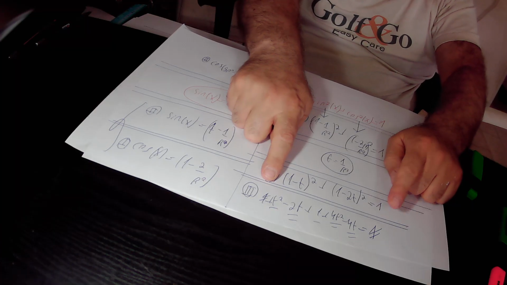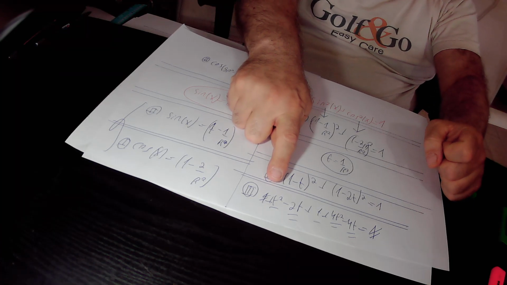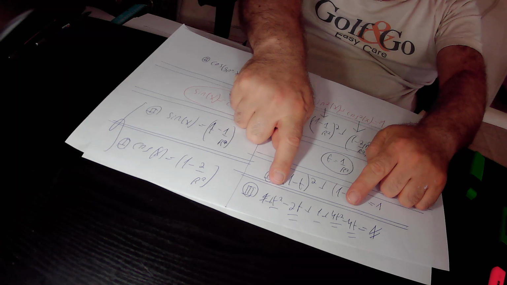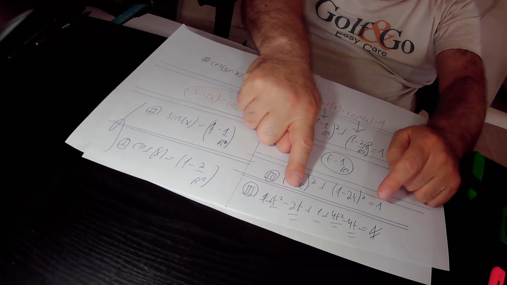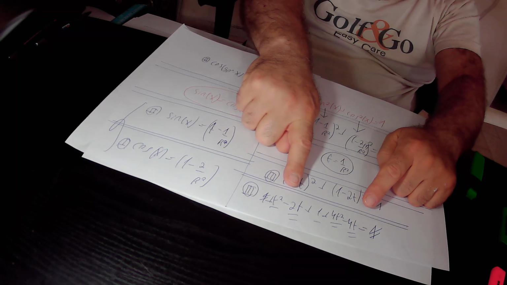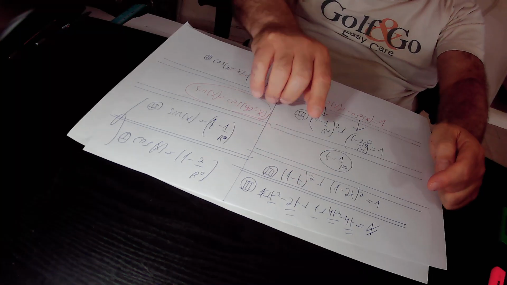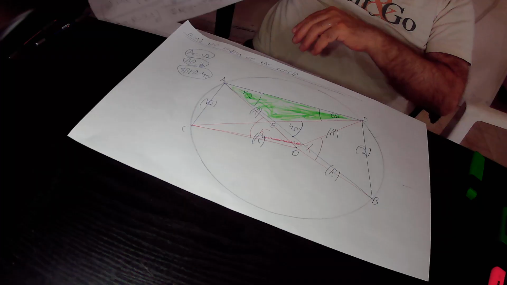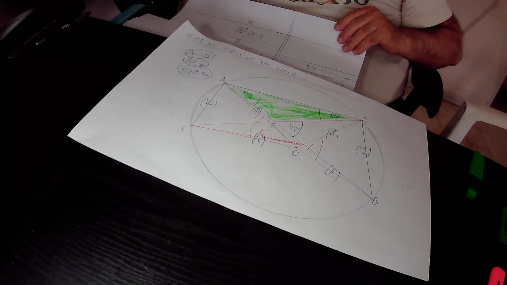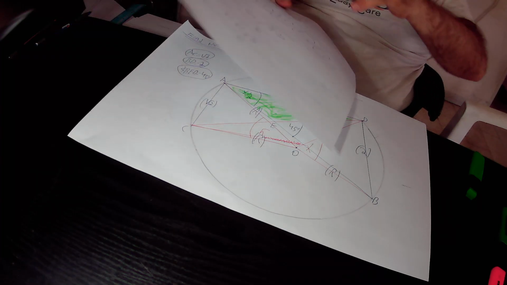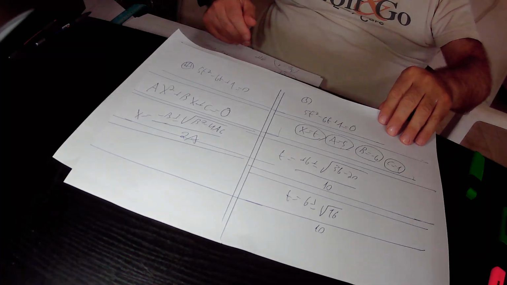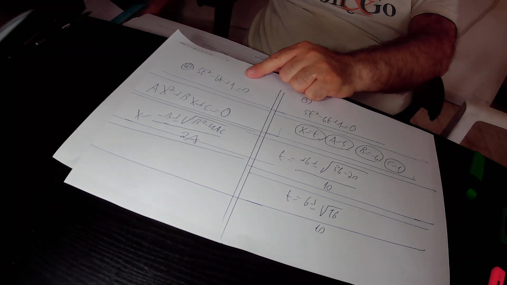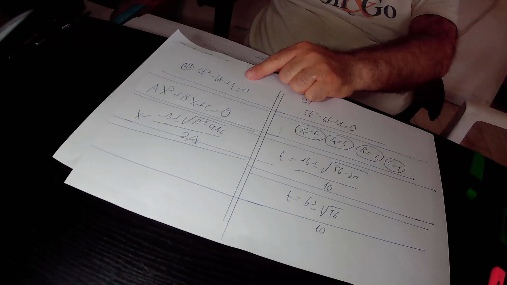After we cancel 1, on this side of the equation we are left with t squared plus 4t squared, that is 5t squared, minus t minus 4t, that is minus 6t, plus 1 equals 0. And again, according to equation 3, we found out that 5t squared minus 6t plus 1 equals 0.